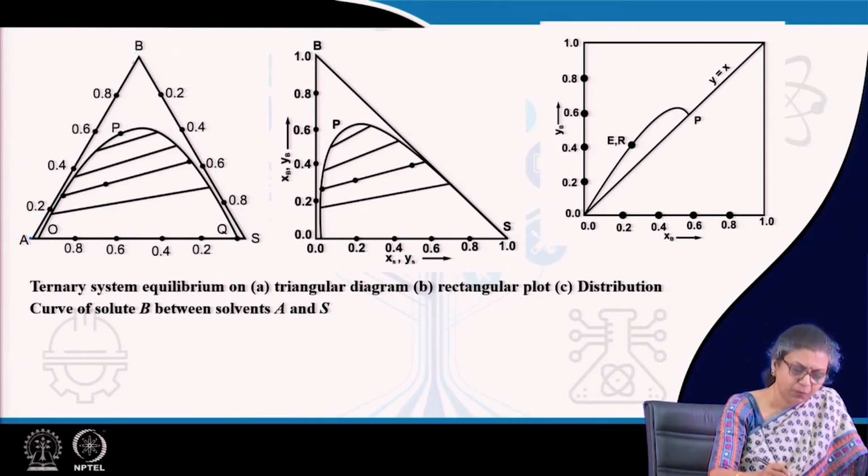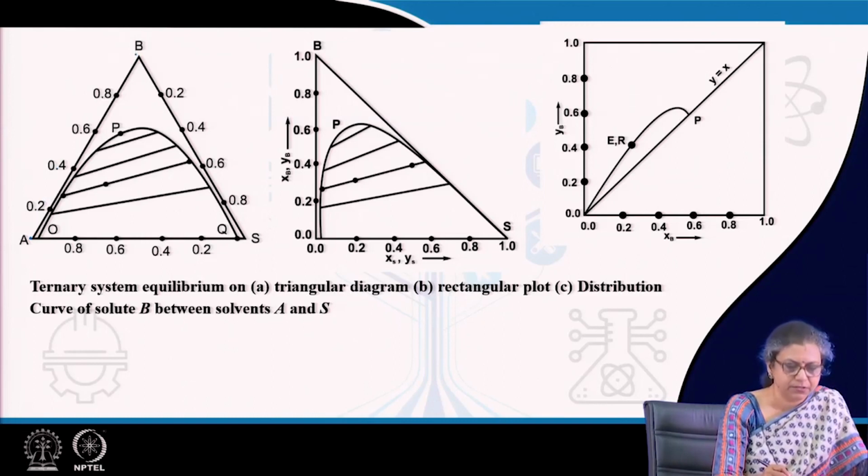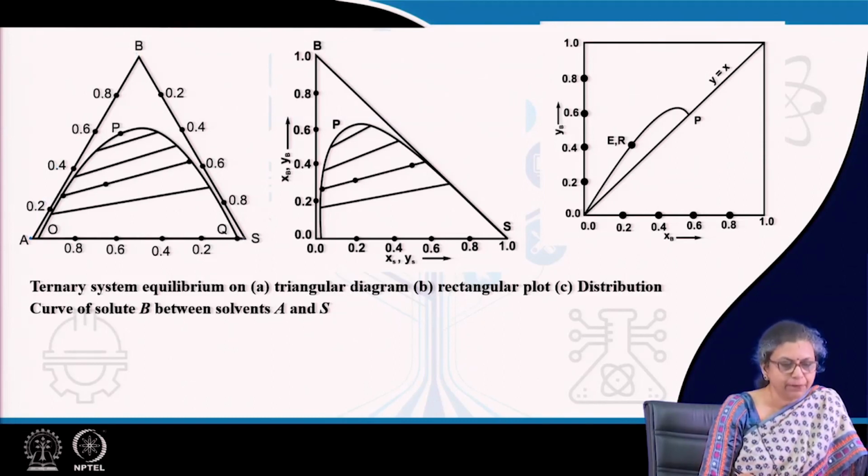As we move from A to B, we find that the proportion of B increases and the proportion of A decreases. When we add S, what happens?